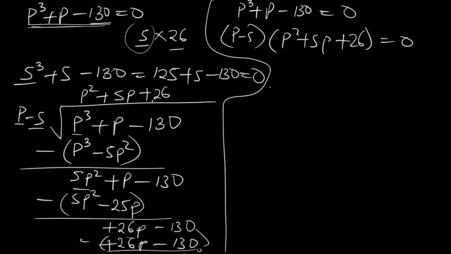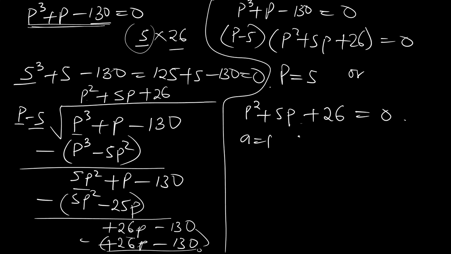So that means this times this is equal to this. Now we have gotten p. From here we've gotten p is equal to 5, or p squared plus 5p plus 26 is equal to 0. So now, solving for this, we're using the quadratic formula. For the quadratic formula, you have a is equal to 1, b is equal to plus 5, c is equal to 26.